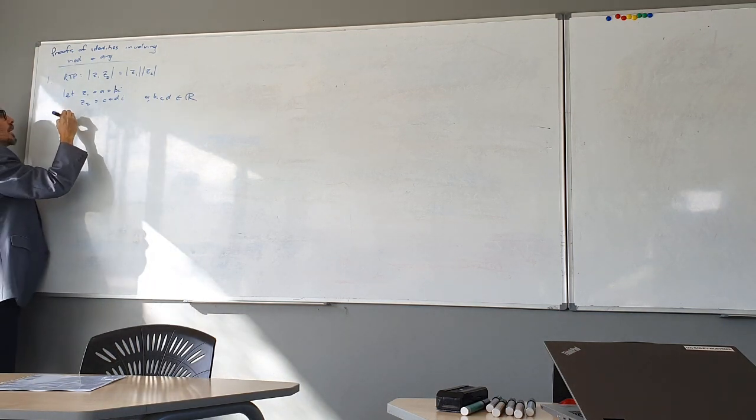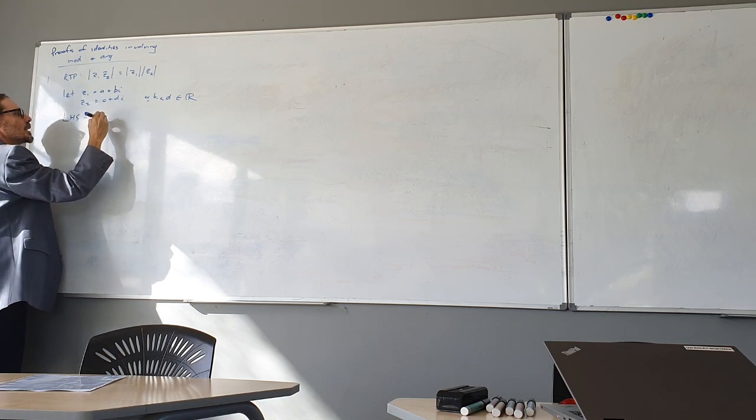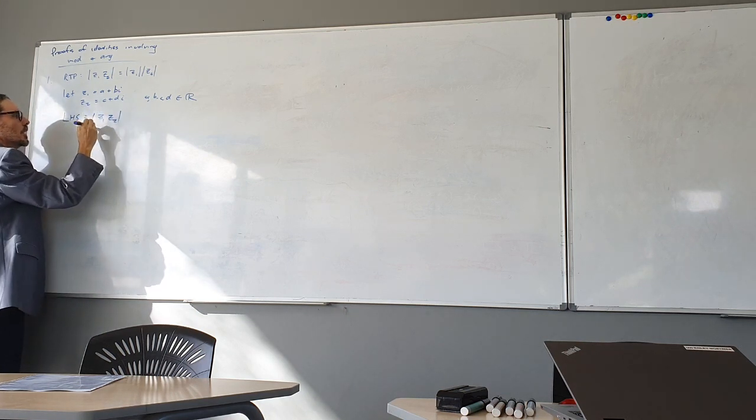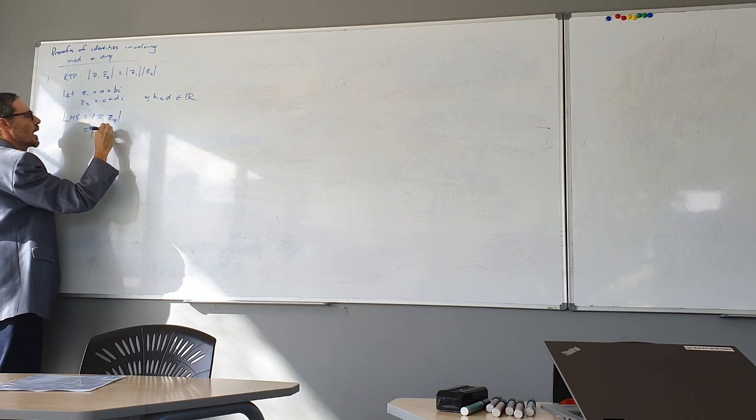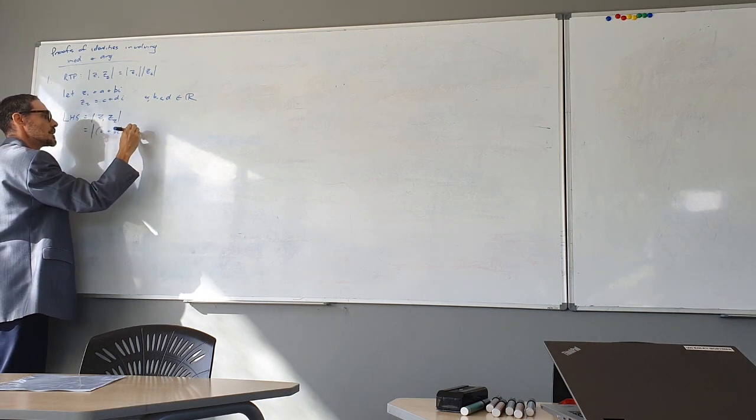Okay, left-hand side is mod z1 z2. That is the length of a plus bi times c plus di.